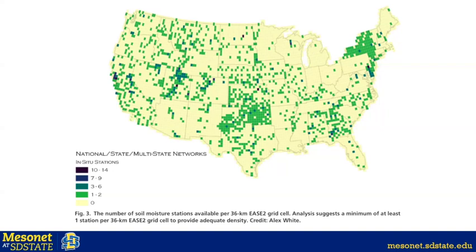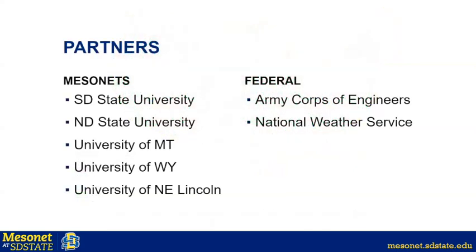So the way to solve this problem then, well, first I'll mention the partners. There are 5 Mesonets involved in this project: us, South Dakota State University, North Dakota State University, the University of Montana and Wyoming, and also the University of Nebraska-Lincoln.